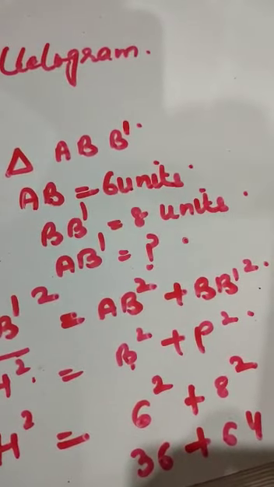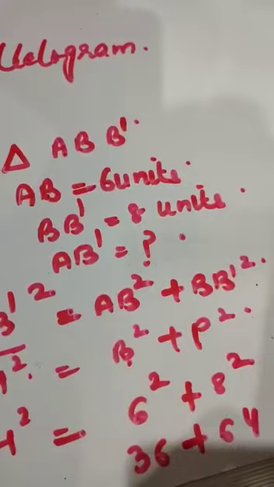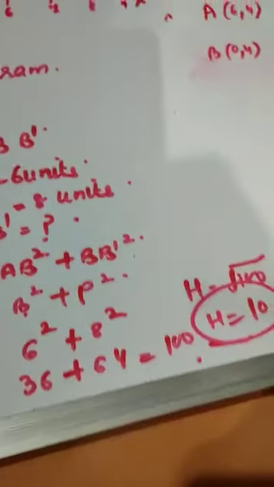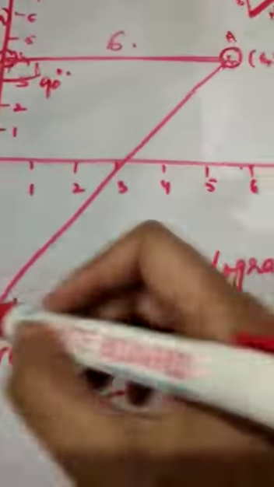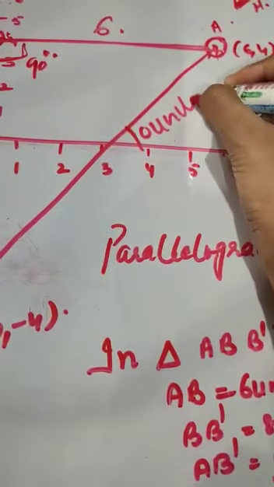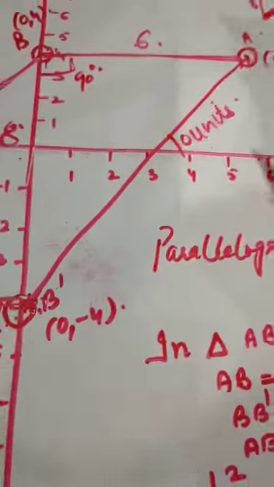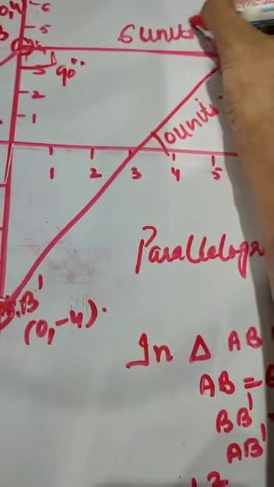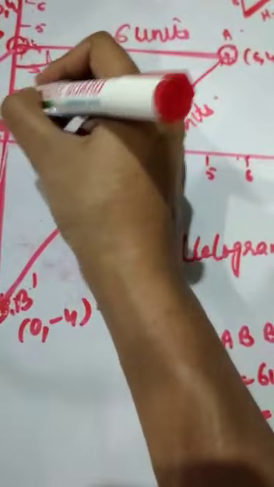So h will be equal to 10. It means this hypotenuse, AB dash, is equal to 10 units. This is 6 units. This is 8 units.